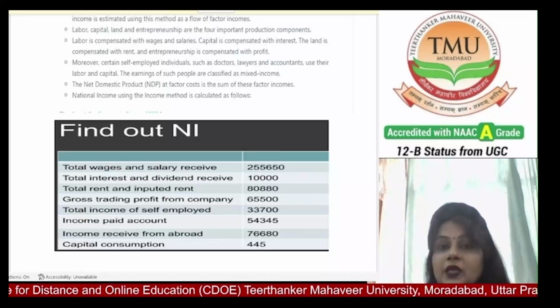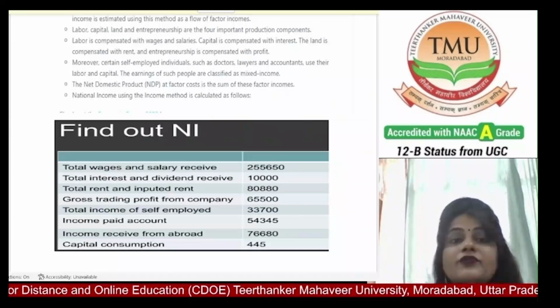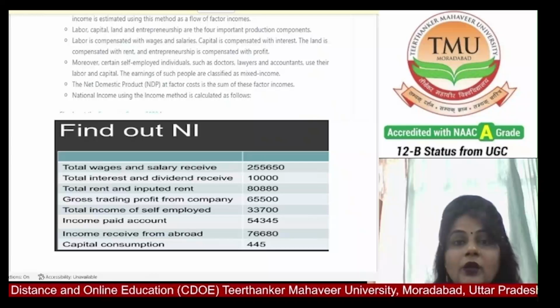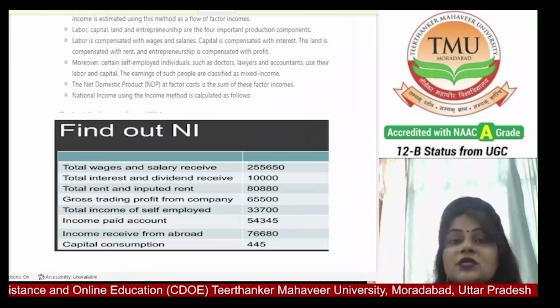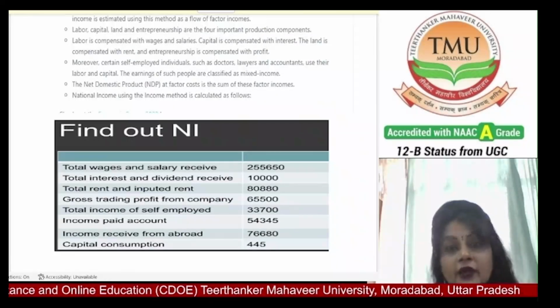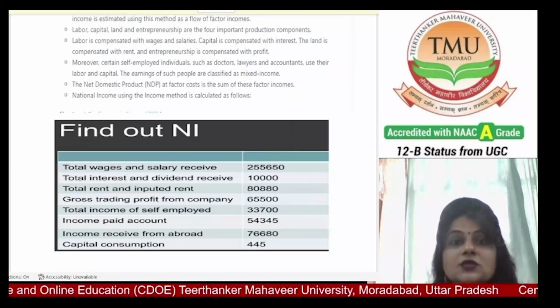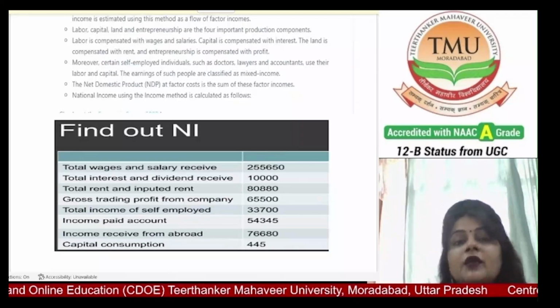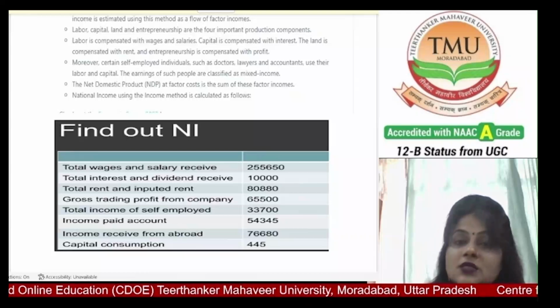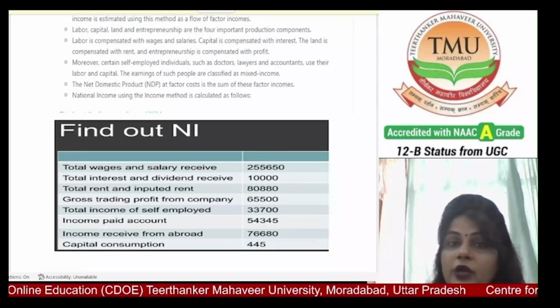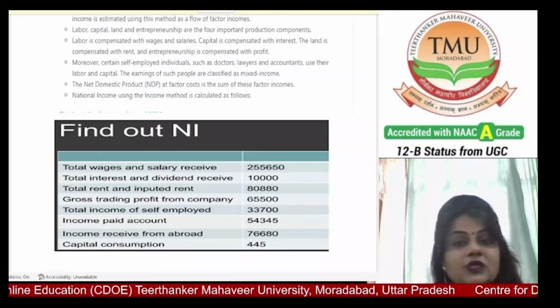Next, income from the sale of second-hand goods will not be included. Income received from the sale of second-hand goods, also known as capital gains, is not counted in national income as their original sale has already been included at the time of purchase.